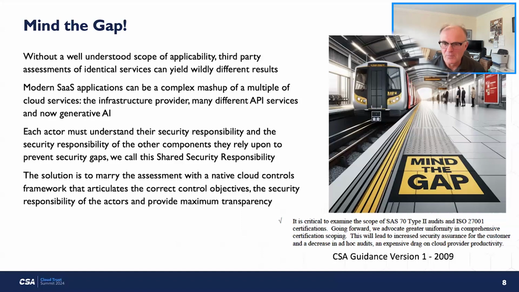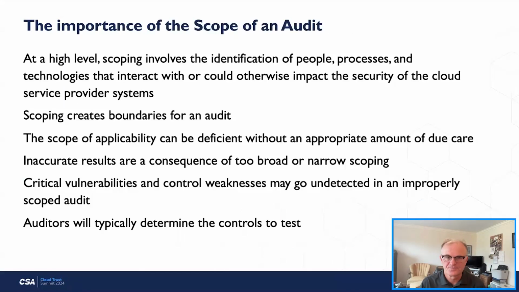I just wanted to harken back. This was our very first guidance in 2009. And we were actually seeing this as an issue back then. And it's been a journey, and we've done a lot of work over the years to address these gaps, and we are continuing to do that. So it's not something that should be a big surprise the way I'm describing and framing this.